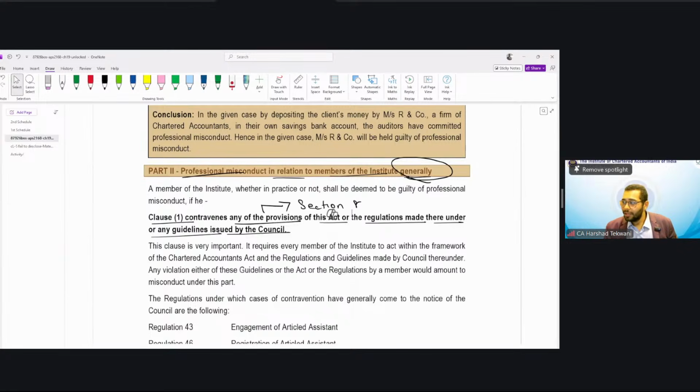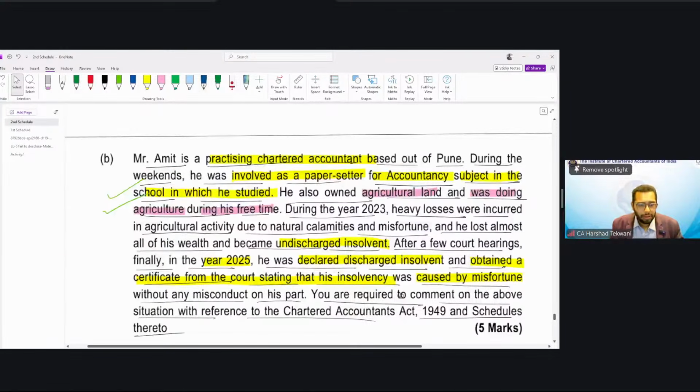So what is the question? That he was an undischarged insolvent, that is a ground of disability in section 8 for 2 years, from 2023 to 2025, because in 2025 he was declared a discharged insolvent and obtained a certificate.